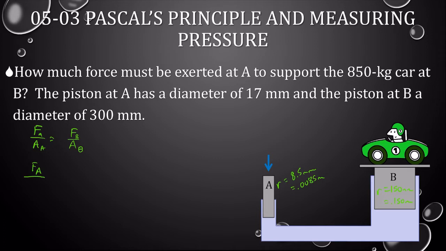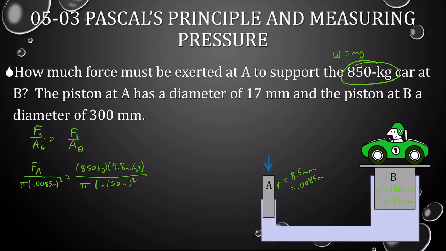Our area of A would be pi times the radius squared. The force at B, well, I know the mass, the force would be the weight. So our weight is our mass times g. And its area would be pi times its radius squared.